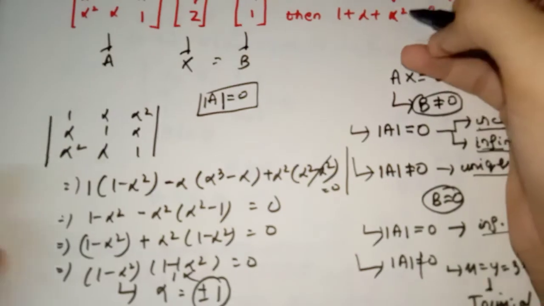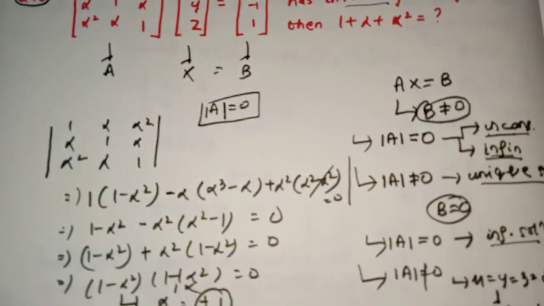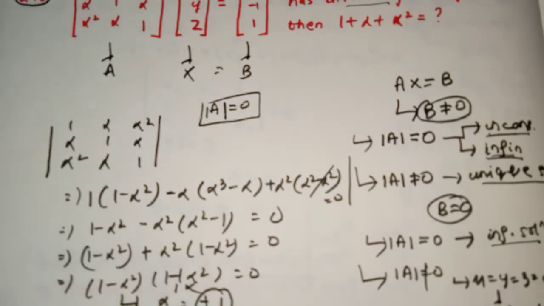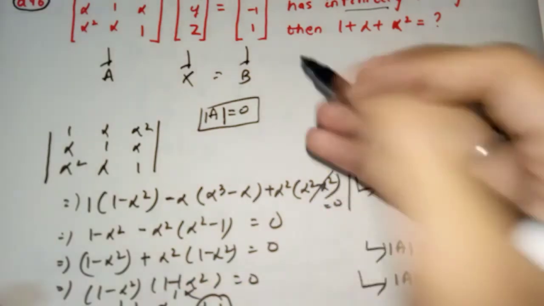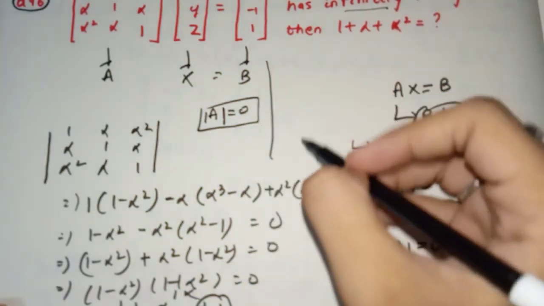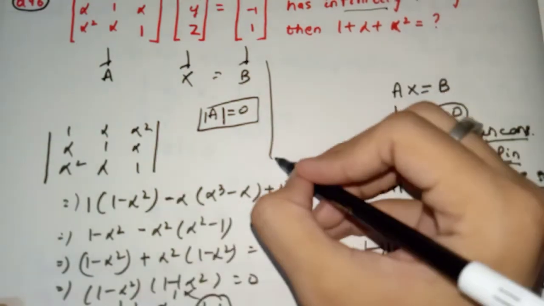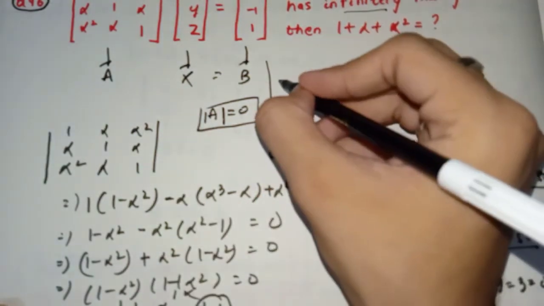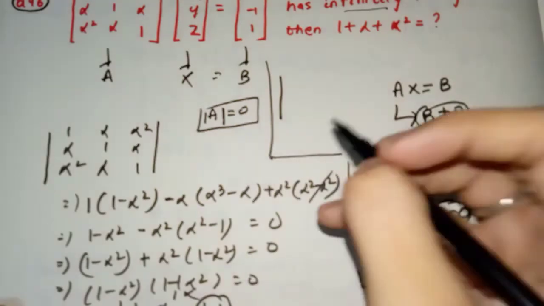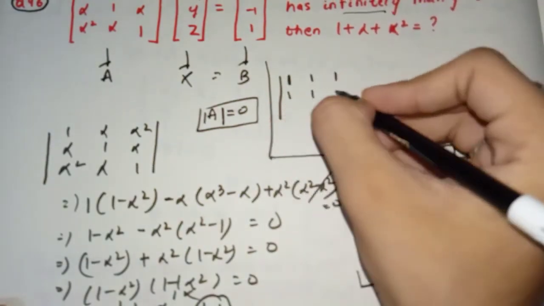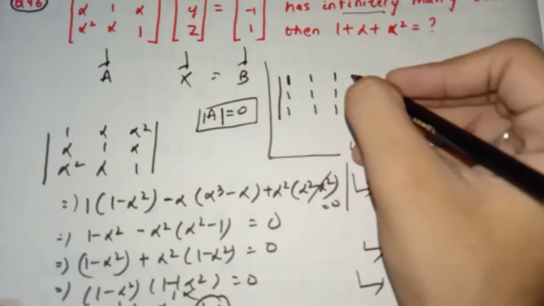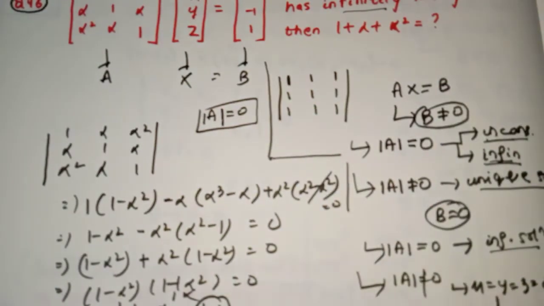But wait, what to apply here, plus 1 or minus 1? We can't apply both, either we have to apply plus 1 or minus 1. Now we have to check it. How shall we check? Let's again calculate our A. If we put alpha equal to 1, then A is 1 1 1, 1 1 1, 1 1 1, and for this mod A is equal to 0.